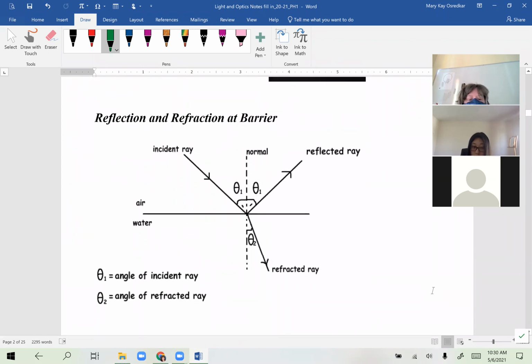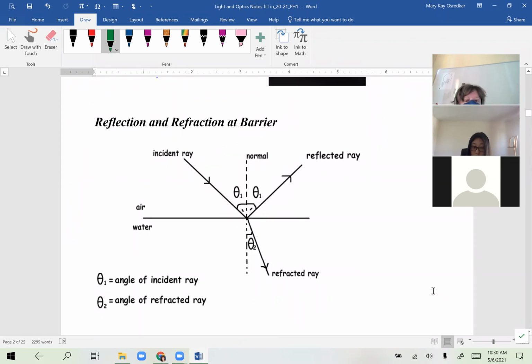Okay. So you have this image in front of you, hopefully, that has the, they call this angle 1 the angle of incidence. Remember, angle 1, we can call this theta r, is the angle of reflection as well.